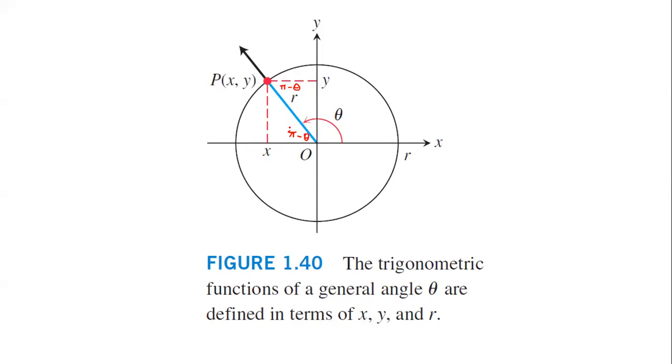Okay. Now what we will be doing is studying the trigonometric functions of a general angle theta, based on three parameters, x, y, and r, where x is the adjacent, y is the opposite, and of course the hypotenuse is the radius.